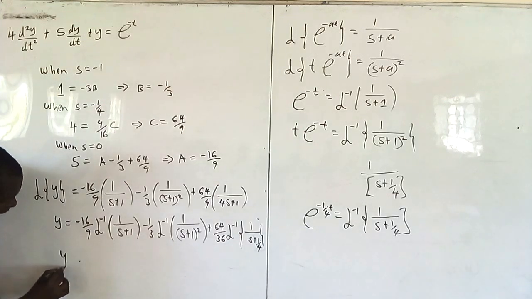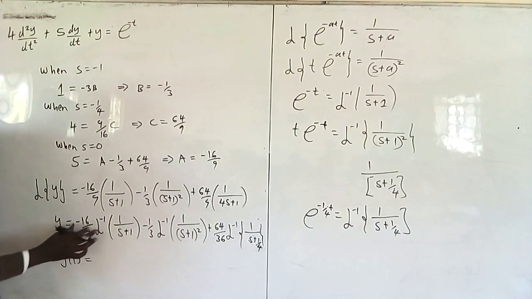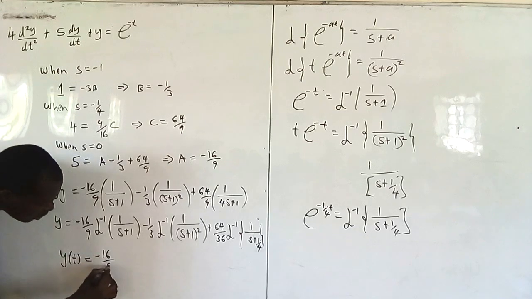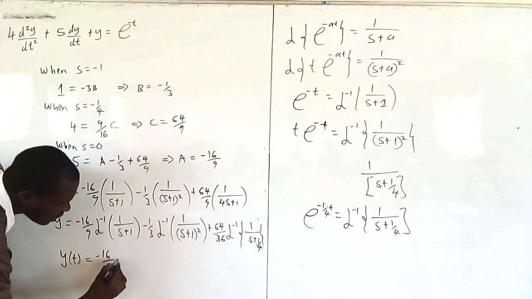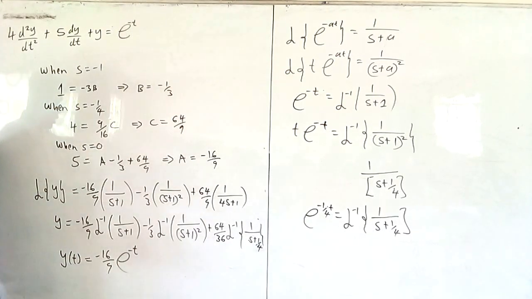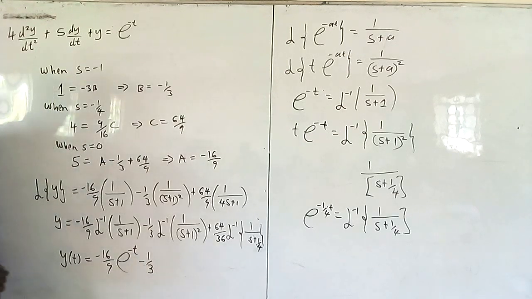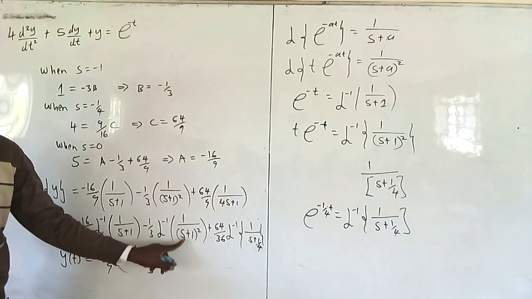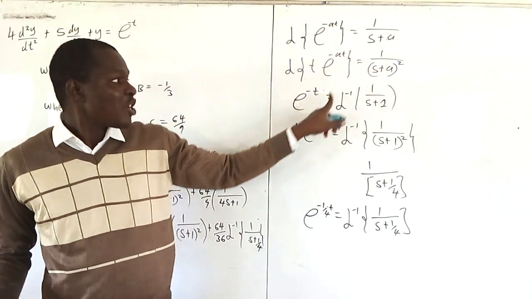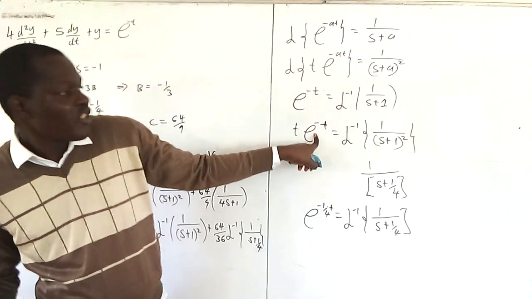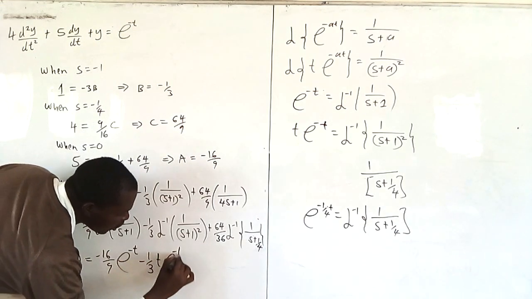So you get y of t, because y is a function of t. It is negative 16 over 9, Laplace inverse of 1 over s plus 1, which you found is exponential negative t. Then minus 1 over 3, Laplace inverse of 1 over s plus 1 squared, which is t exponential negative t.